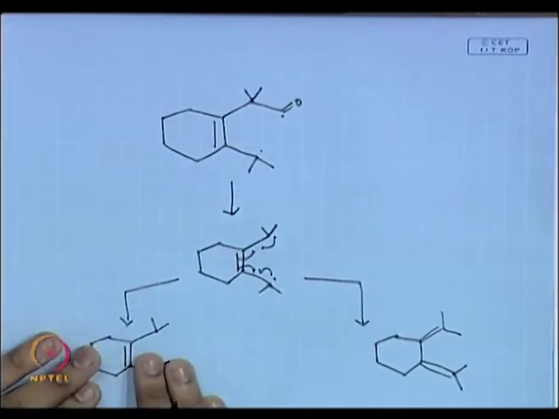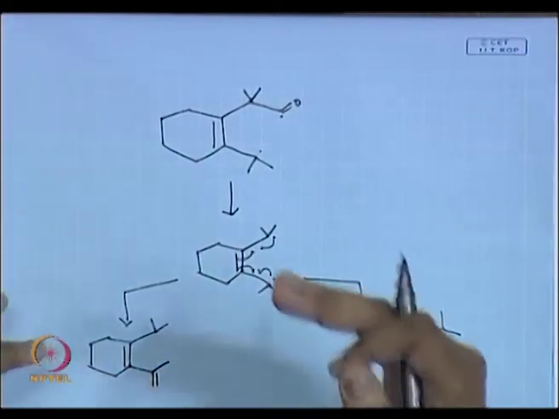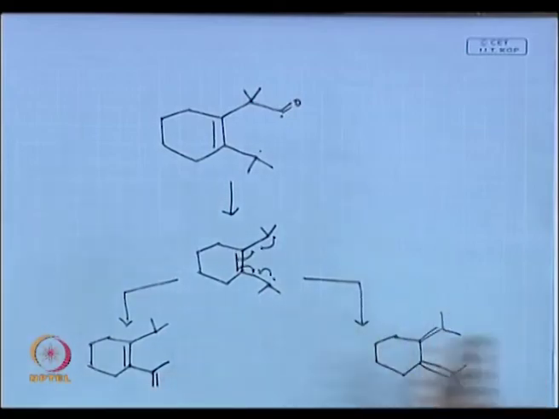You get this product also. That is why I said that you work with your formula, then you try to involve your double bond and see whether you can work with it. Clear? There are n number of examples which we can work. We will work.